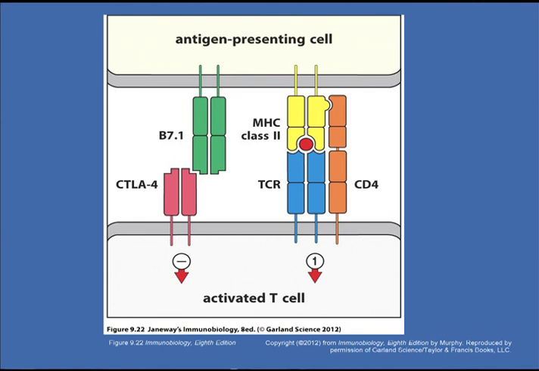So this diagram is showing CTLA-4, which is a molecule on activated T cells that can bind to B7-1 and B7-2 and then prevent the interaction of those ligands with CD28, which ordinarily gives you the second signal for co-stimulation.